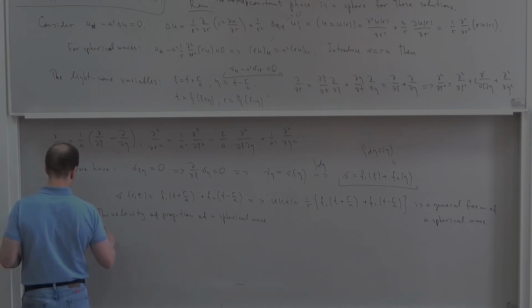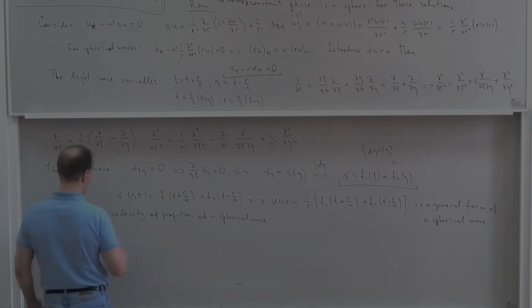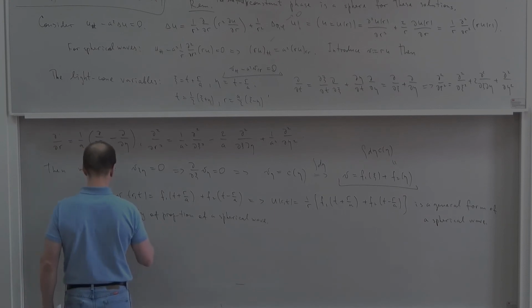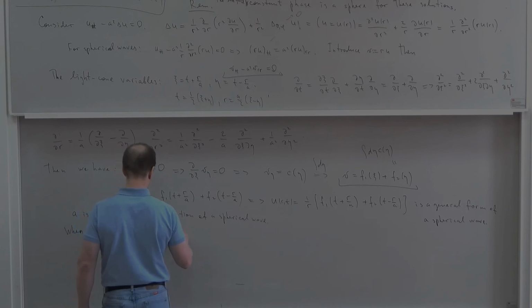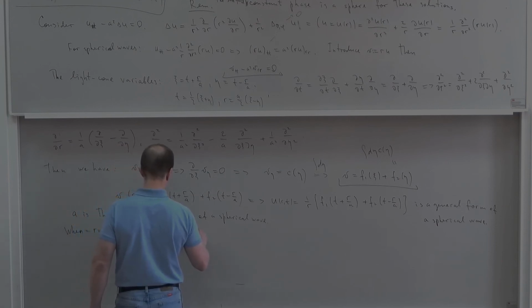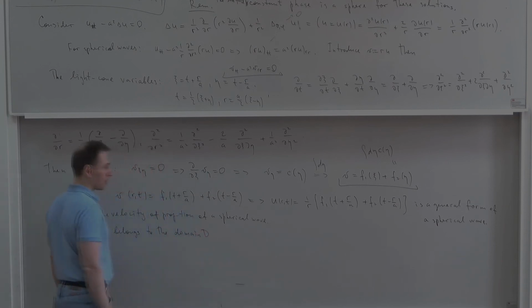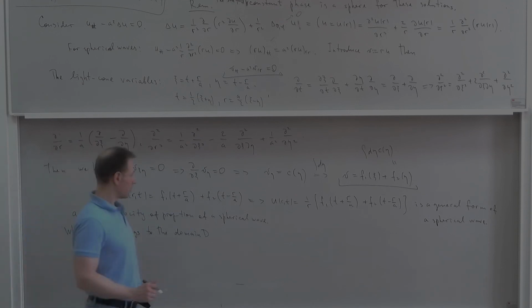So then the point r equal to 0 belongs to the domain D where the wave equation is solved.